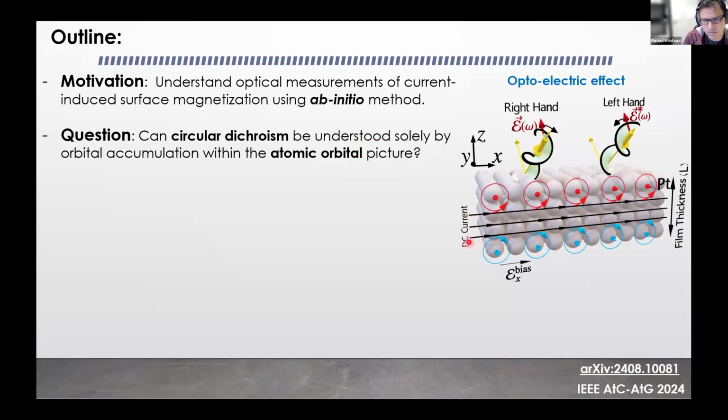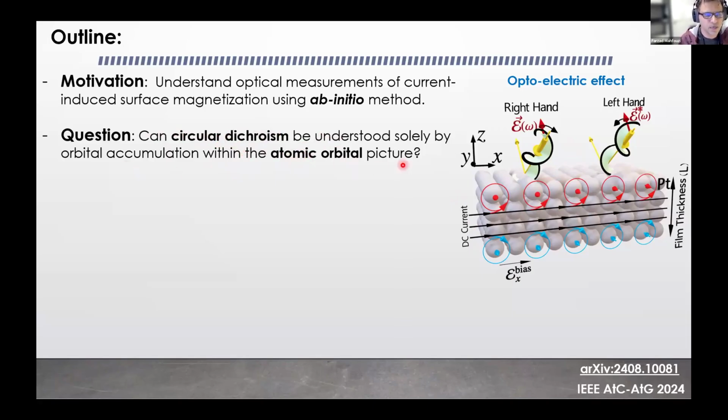So now the question is, the conventional approach to understand this effect is to explain it in terms of spin and orbital accumulation on the surface. In this work, we will show that we can calculate this orbital accumulation using two methods. One is the effective orbital accumulation accompanied with this circular dichroism, which I will show you how it is related to the orbital moment.